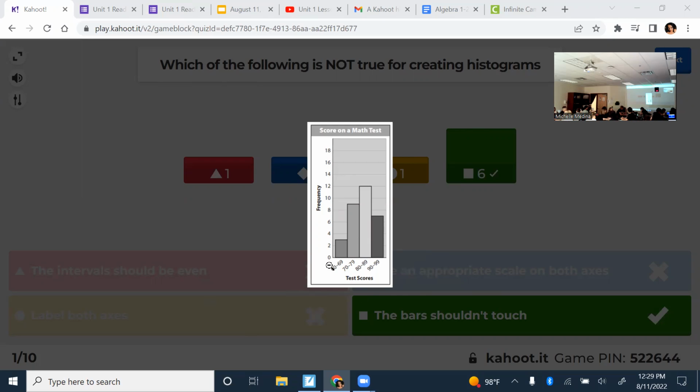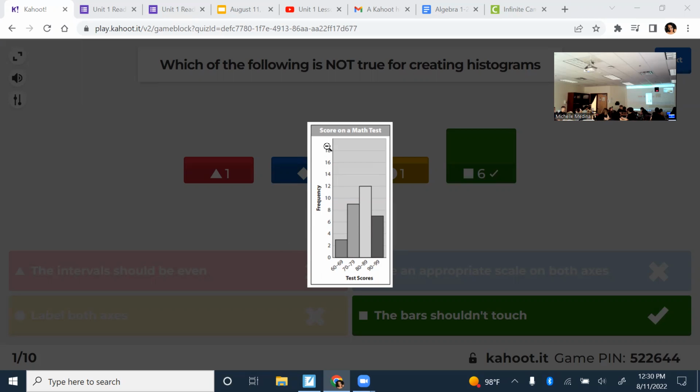If my data is from 60 to 99, should I start my histogram at 0? No, you don't need to. Should I end it at 300? No. That's what we mean by axes labeled appropriately. It should include all your data, but it shouldn't be too large.